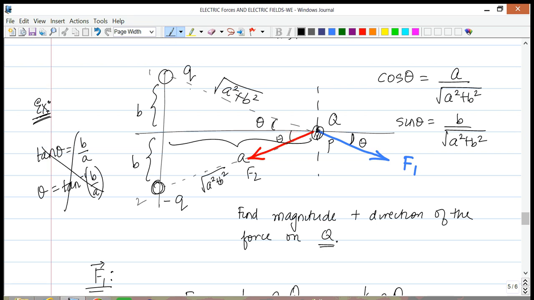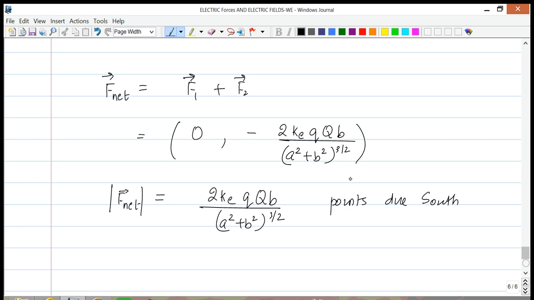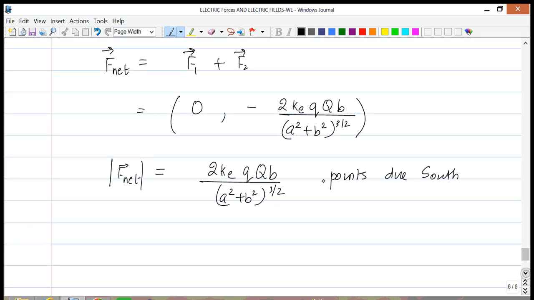I mean, you can do it, it wouldn't be incorrect, but then you're going to have cosine of tangent inverse of B over A, and if you were to evaluate it, you should end up getting A over the square root of A squared plus B squared, and similarly the sine of tangent inverse of B over A should be B over the square root of A squared plus B squared. So you get all those things, find the sides, and once you get that, then the rest is: find the magnitude, find the components, and you end up getting your values. Hopefully that helps with that kind of a problem.